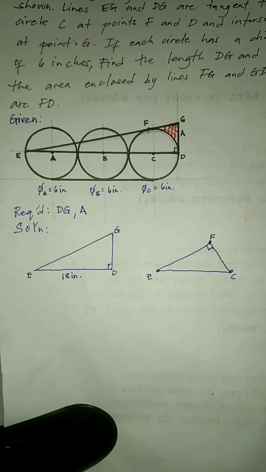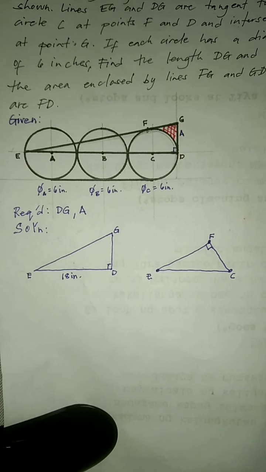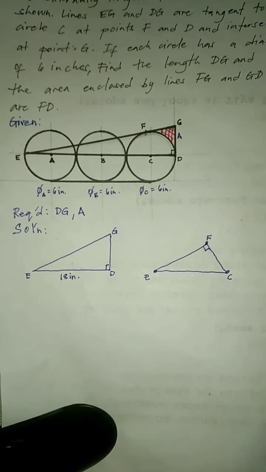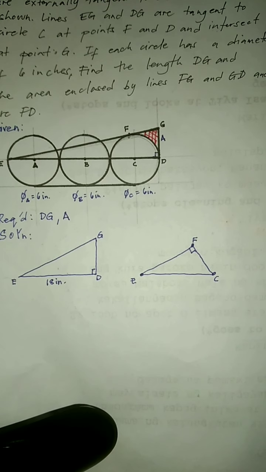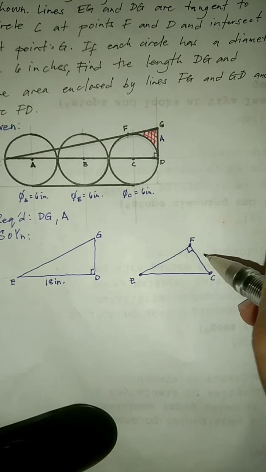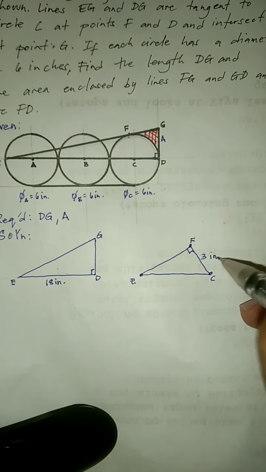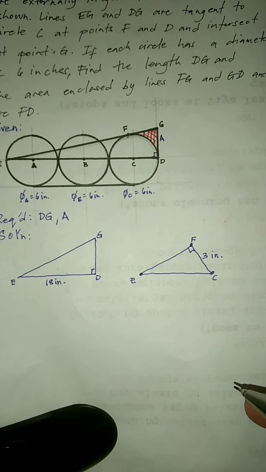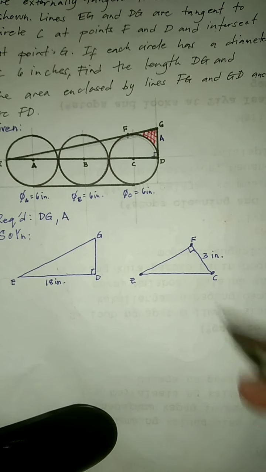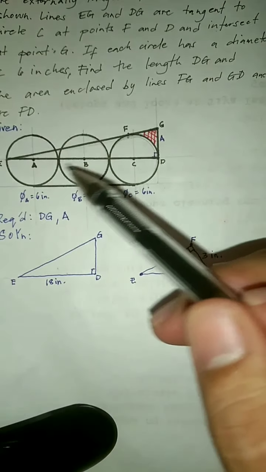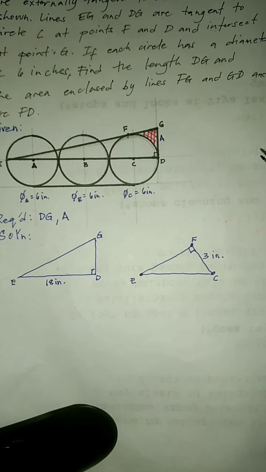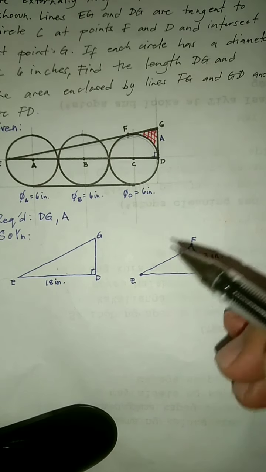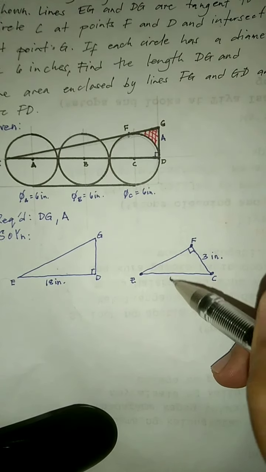Then we can have some measurements. CF is the radius of circle C, so its measure is 3 inches. Next, the length of EC is just the sum of the diameters of circle A and circle B plus the radius of circle C, so that's 6 plus 6 plus 3, or 15 inches.